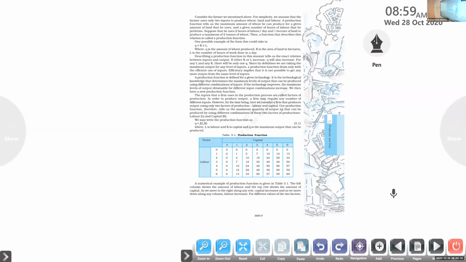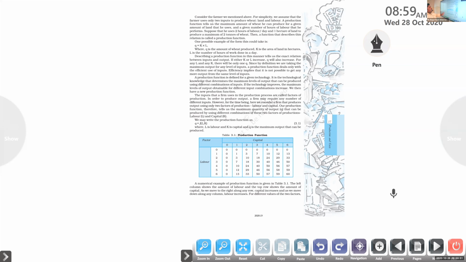Land and labor are the two inputs we are using to understand the production function. A production function tells us the maximum amount of wheat he can produce for a given amount of land that he uses and the given number of hours of labor that he performs.